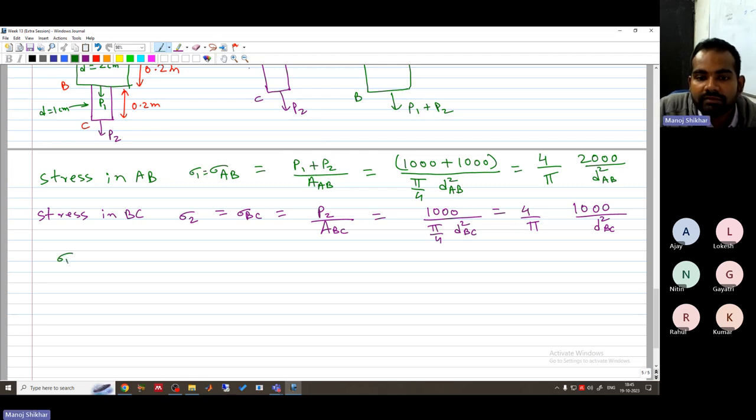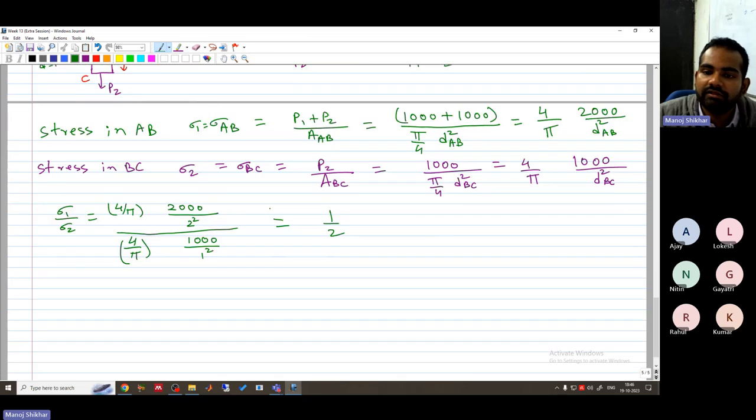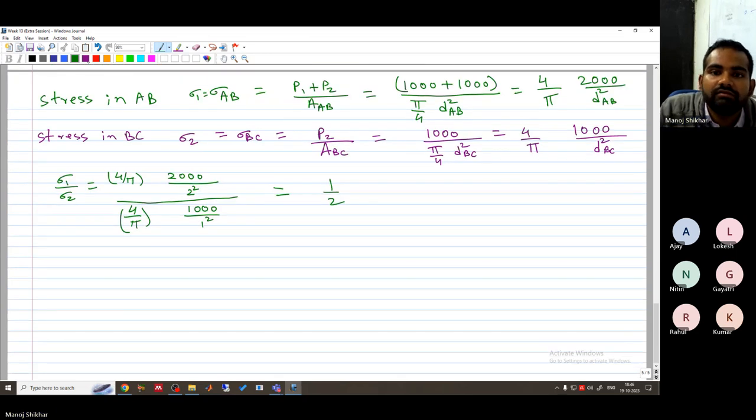So we have to find sigma 1 upon sigma 2. So this will give us 4 by pi into 2000 upon 2 square, divided by 4 by pi into 1000 by 1 square. This is basically 1 by 2. So sigma 1 by sigma 2 is 1 by 2.